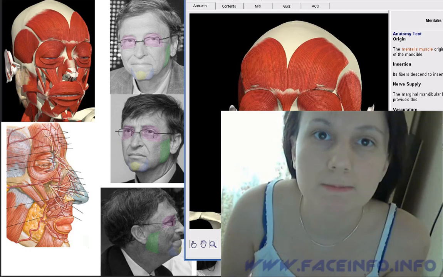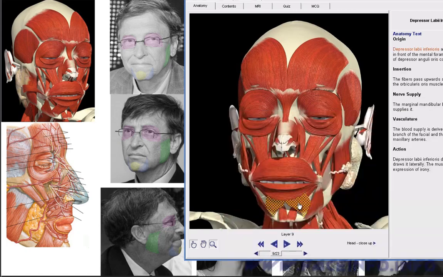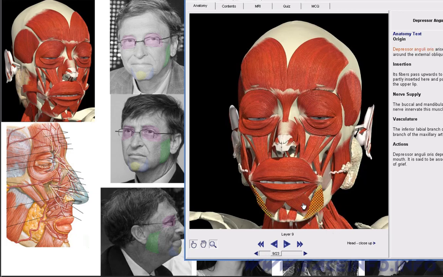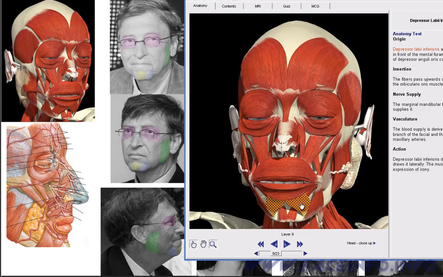Depressor labii inferioris arises from the mandible just in front of the mental foramen, where the anterior fibers of depressor anguli oris cover it. Then it goes upwards and is woven into the orbicular mouth muscle here. It lowers the lower lip and pulls it laterally downwards.